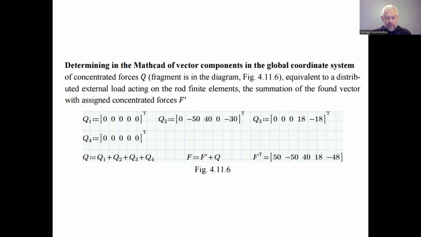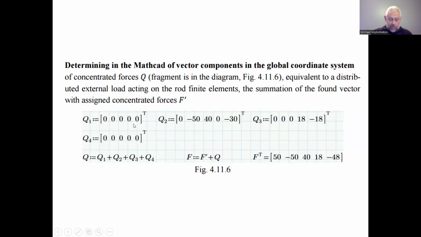How does this correspond to the components of the concentrated force acting in the displacements subject to find by the decision of the finite element method? So we have 4 vectors of the influence of the distributed load onto the node forces acting on the discrete model of the mechanical system.